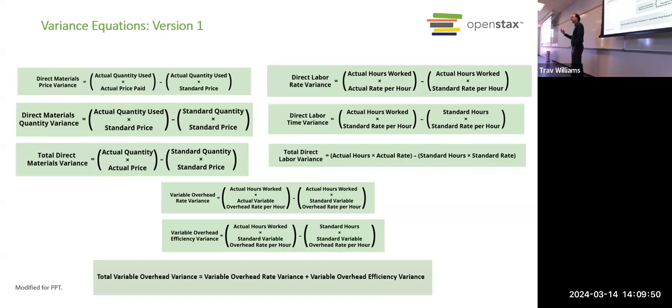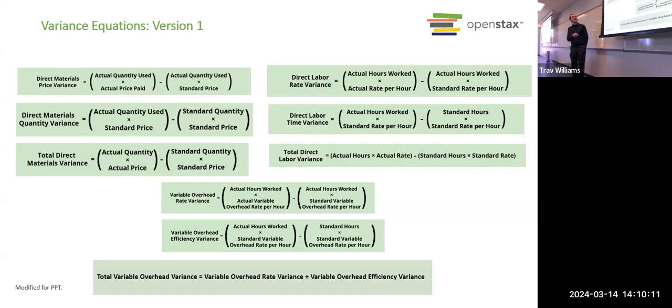Which again are really all the same formula, just slightly different words. And then you've got your quantity, time, and efficiency variance. Again, same formula. And then you've got your total for each of those as well. All conveniently located in one place.